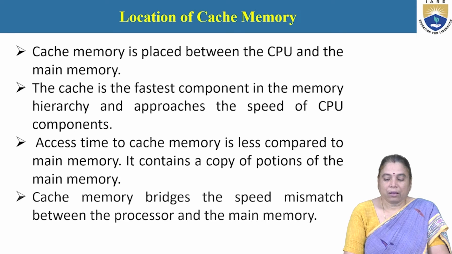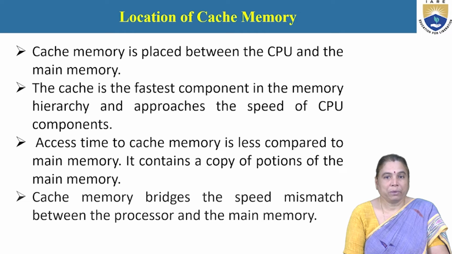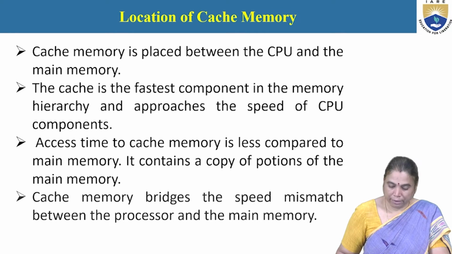It contains a copy or portion of the main memory, so the frequently accessed instructions are copied from main memory to the cache. Cache bridges the speed mismatch between the processor and the main memory. The synchronization of speed between the CPU and main memory is done with the help of cache memory.